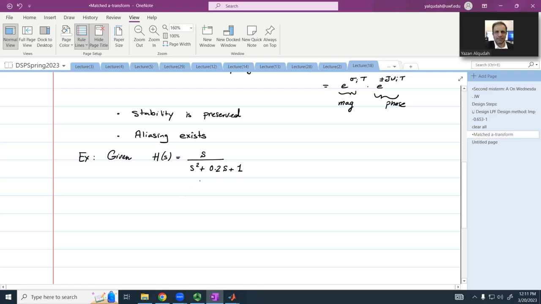Now this is a bandpass filter, which we have not seen, but we're just going to emphasize the transformation using the matched Z transform to generate the discrete time filter. And we're going to assume that the sampling frequency is such that T is equal to 0.5 second.